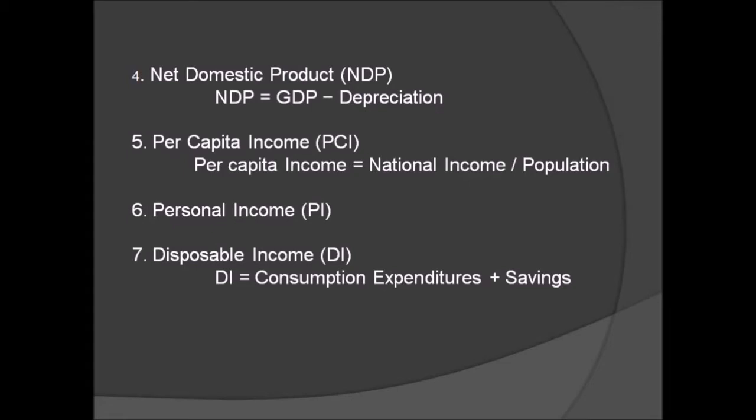Seventh one is disposable income. Disposable income means actual income which can be spent on consumption by individuals and families. Thus, it can be expressed as DPI equal to PI, that is personal income minus direct taxes.